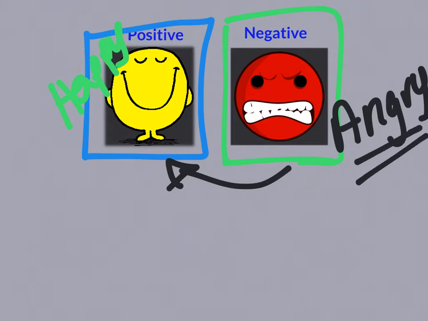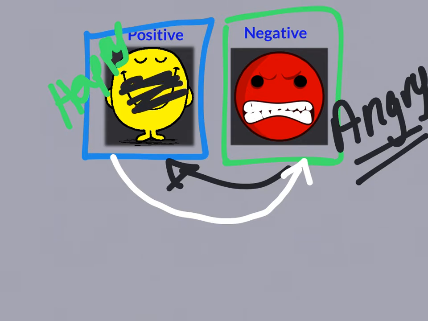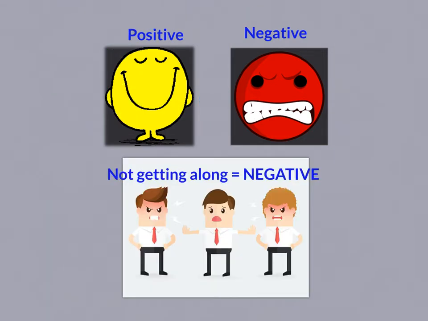And what happens to our positive friend when they're subjected to this negative energy that our angry and negative friend have? Well, suddenly their smile is going to go away, and they're going to have a frown instead because it's just so sad. They're not getting along, and it's negative. So that means to us that a positive and a negative is going to end up being a negative situation, and sadly will give us a negative answer.